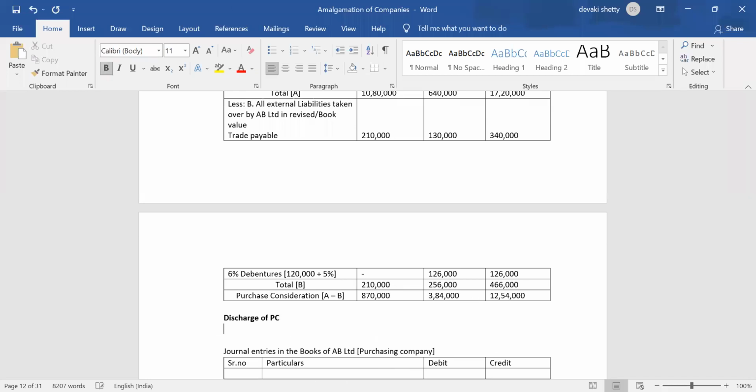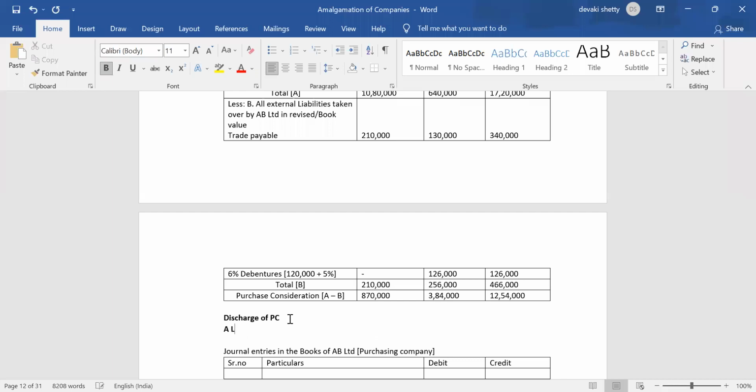Now we will write discharge of PC. In discharge of PC, it is given that for each company's purchase consideration, AB Limited will be giving shares of 10 rupees each. So let us find out.